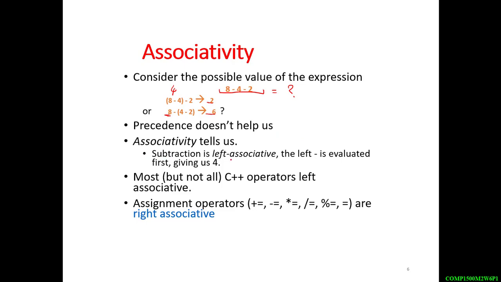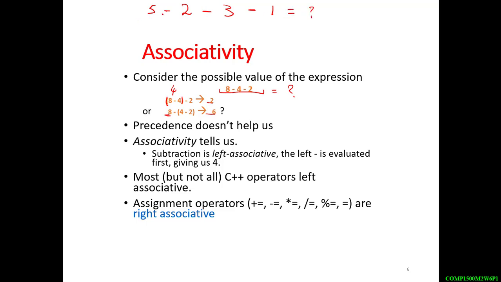So if I say 5 minus 2 minus 3 minus 1, which is equal to, so we start by associating these two together. 5 minus 2 is 3. 3 minus 3 minus 1.